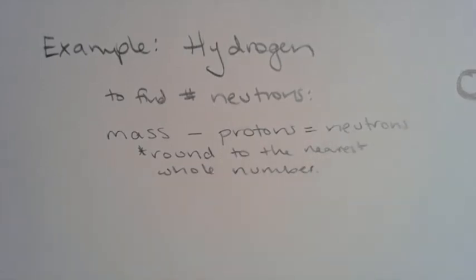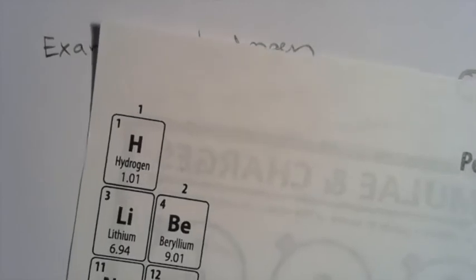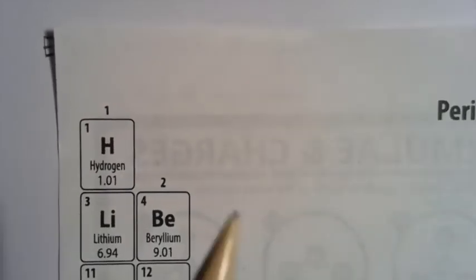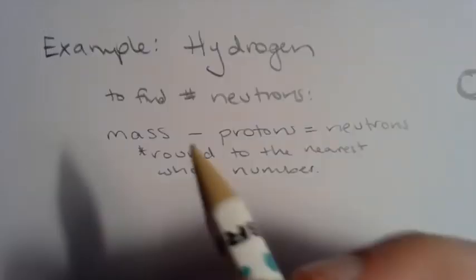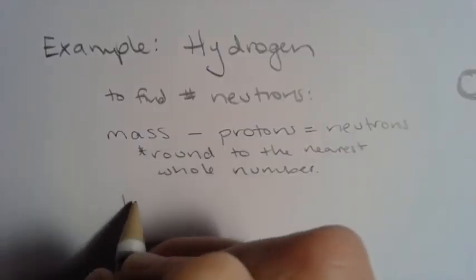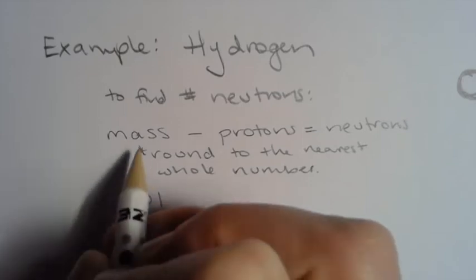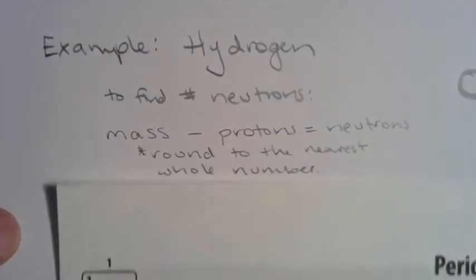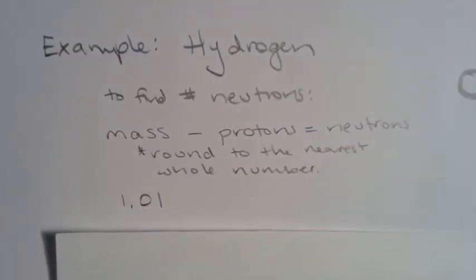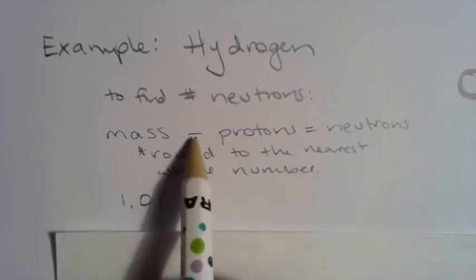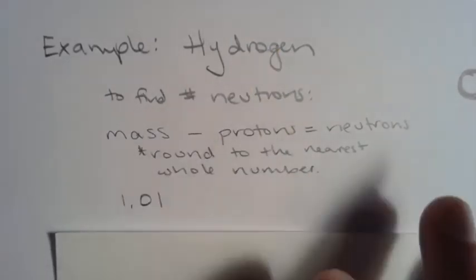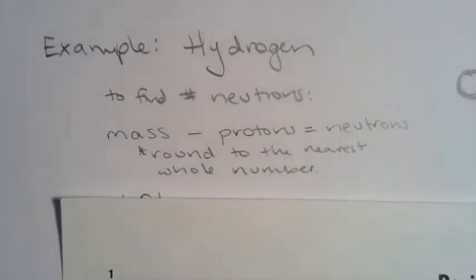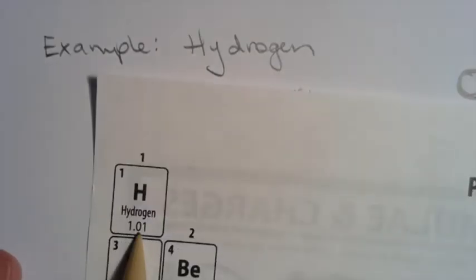Here's our hydrogen. Here's our mass, 1.01. So 1.01 is the mass of hydrogen. Down here, we want to find the number of protons in hydrogen.